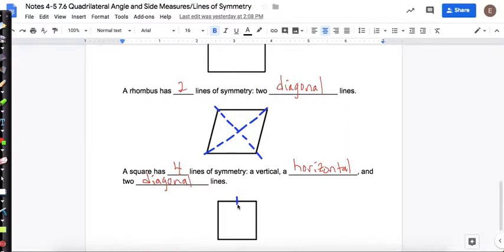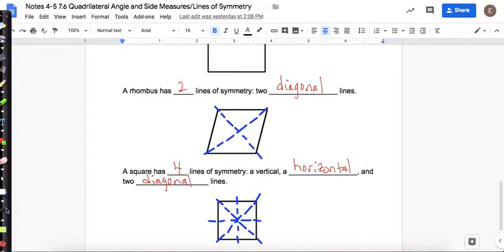So I'm going to try to find the halfway point. Okay, and now I'm going to draw my horizontal line in. And now finally, I'm going to draw my 2 diagonals. Okay, so notice we have vertical, horizontal, and 2 diagonal, so a total of 4.